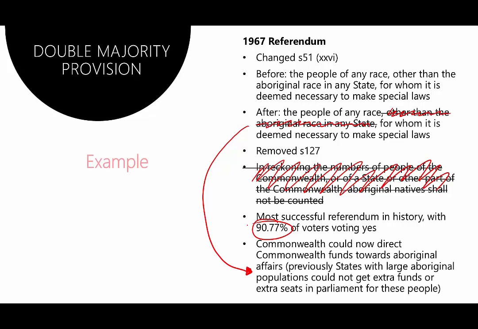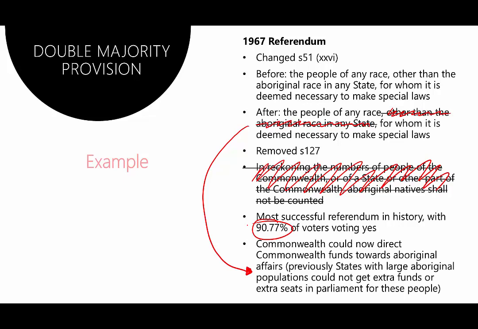And these days there's always someone in the federal government who is the Minister for Indigenous Affairs or Aboriginal Affairs. There's an Aboriginal Affairs portfolio. The government can launch specific Indigenous health, Indigenous education, Closing the Gap, I suppose, initiatives and direct funds directly towards them, rather than having to rely on the states to do all of this funding themselves.